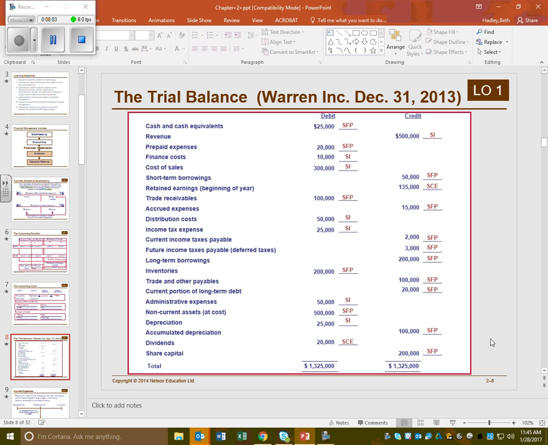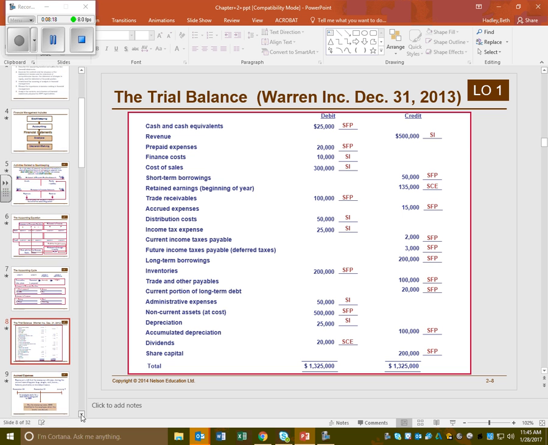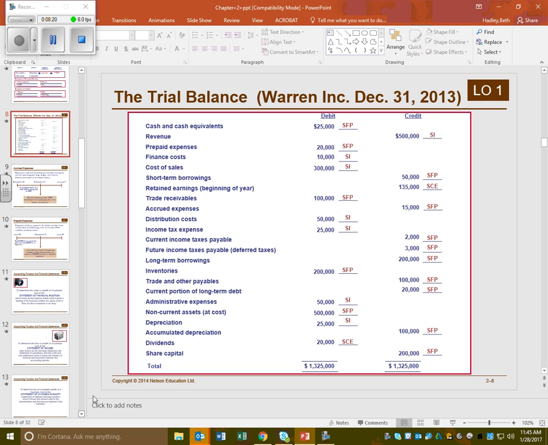And then we've got statement of income for income tax expense. So that's why they're doing it this way. So just have a look through, and again, it'll give you a good opportunity to be reminded of what accounts go on which statements.